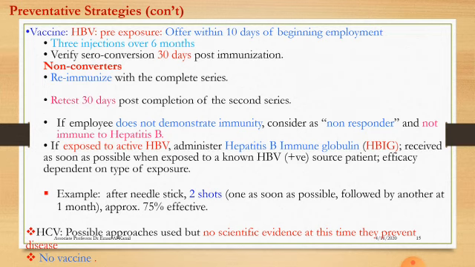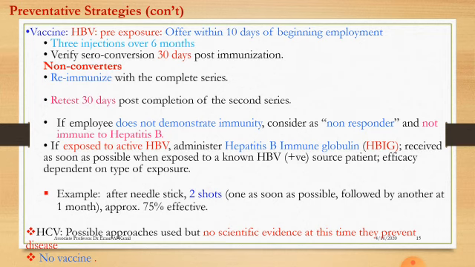First, we are going to give hepatitis B immunoglobulin, which should be received as soon as possible when he is exposed to a hepatitis B positive source patient, and the efficacy depends on the type of exposure. So if the non-responders or non-converters are exposed accidentally to an infection, immediately we are going to give hepatitis B immunoglobulin.